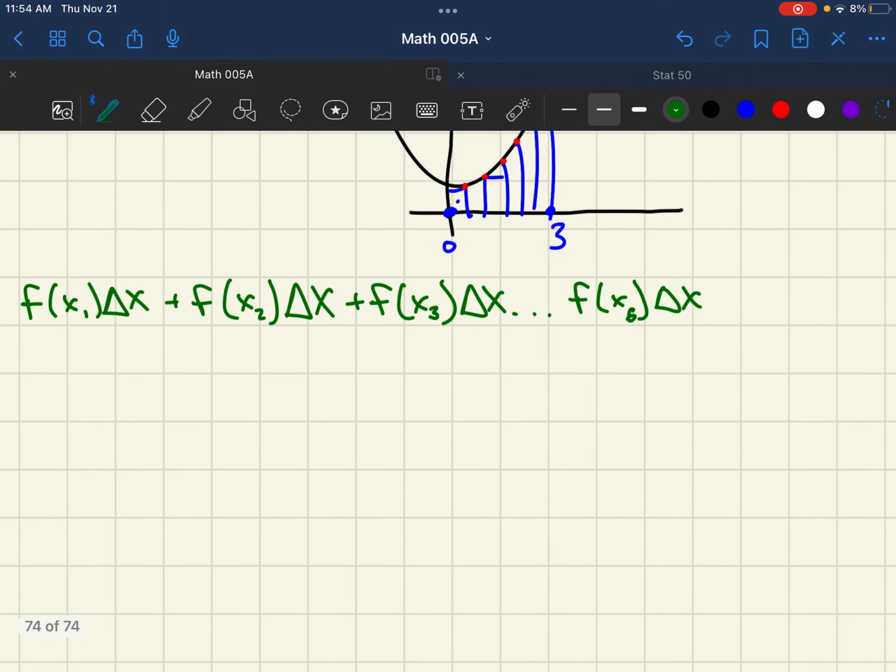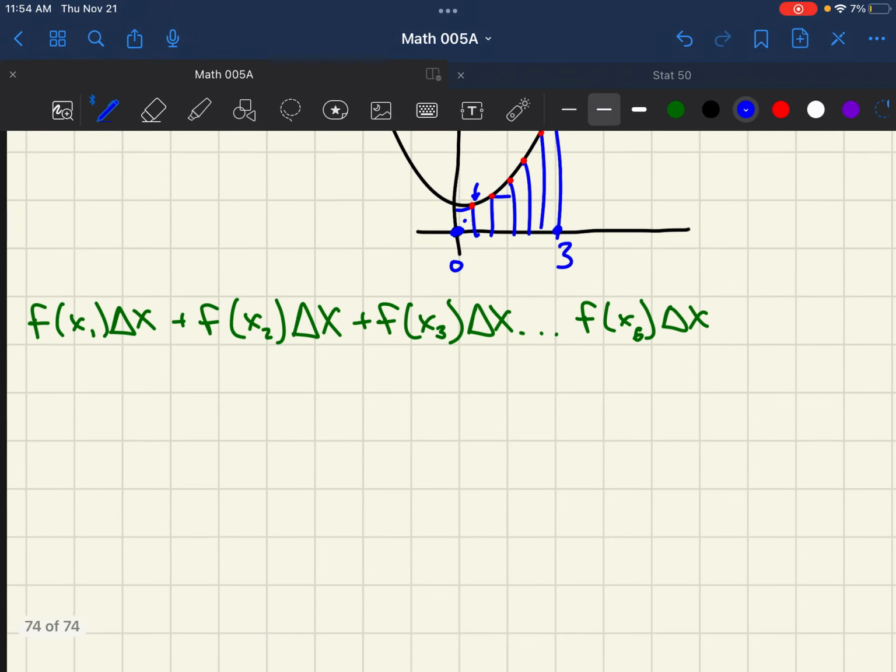So to do this, we're going to want to plug in our numbers. Since we're using right endpoint approximation, we need to use these red points on here.